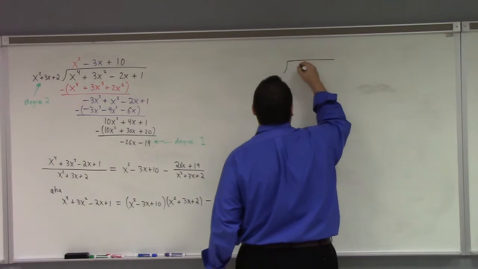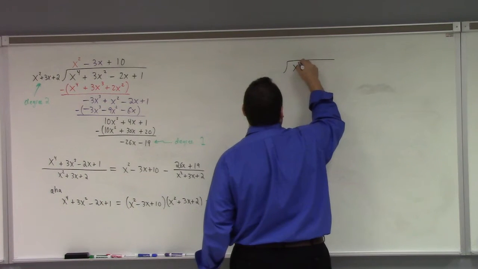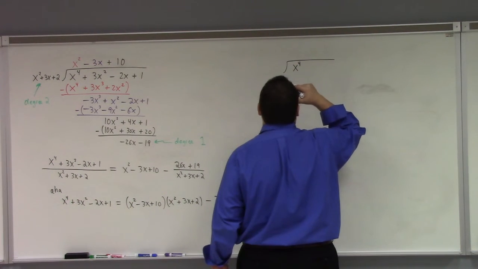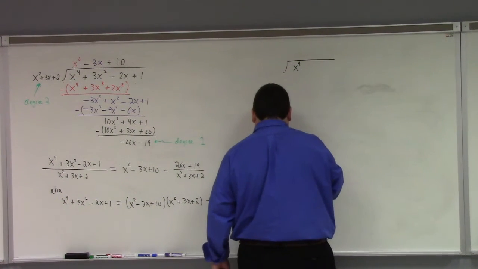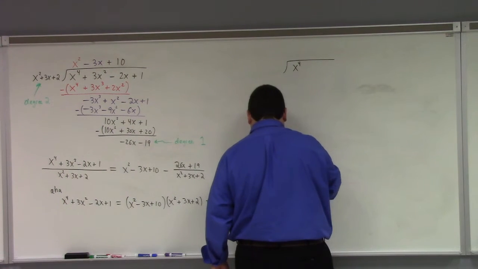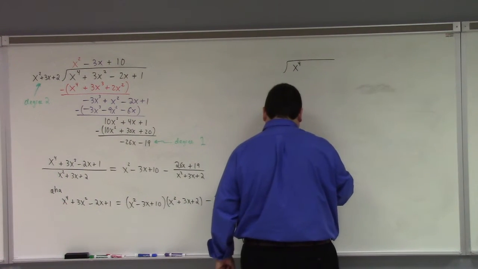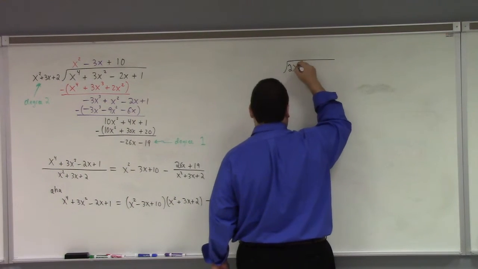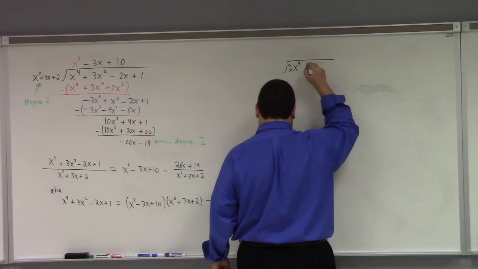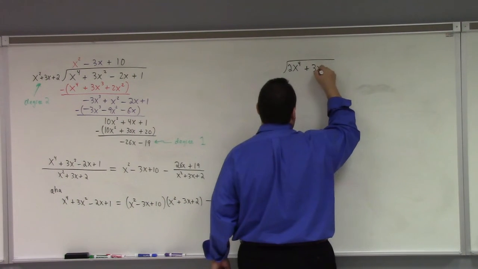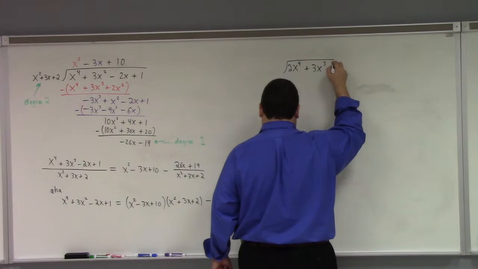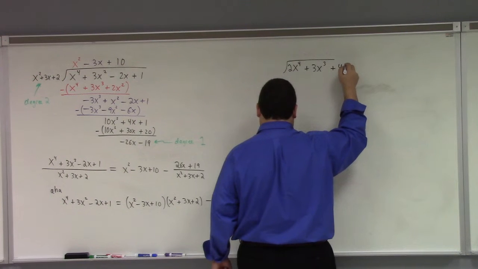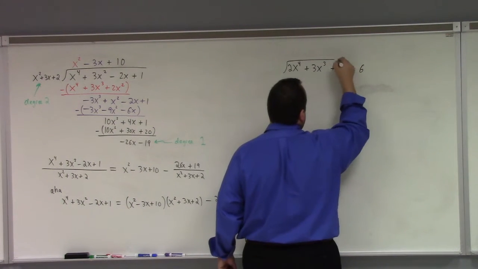Suppose we've got 2x to the fourth plus 3x cubed plus 4x plus 6.